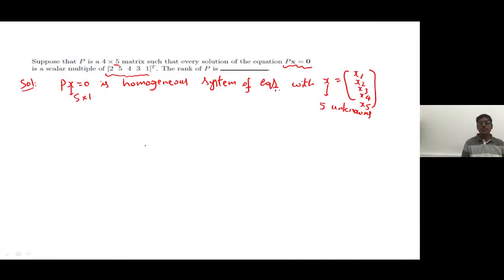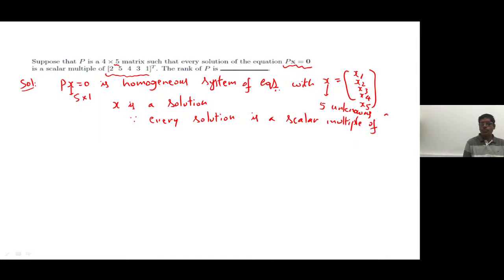Now, X is a solution, which is given, since every solution is a scalar multiple of the column matrix 2, 5, 4, 3, 1.